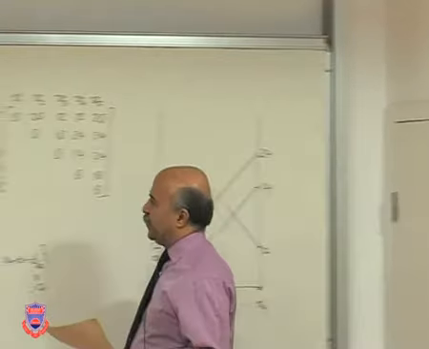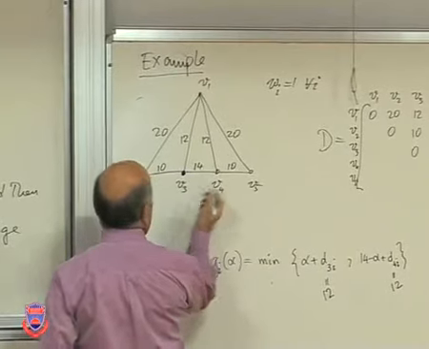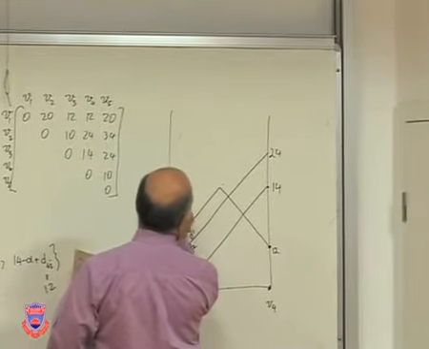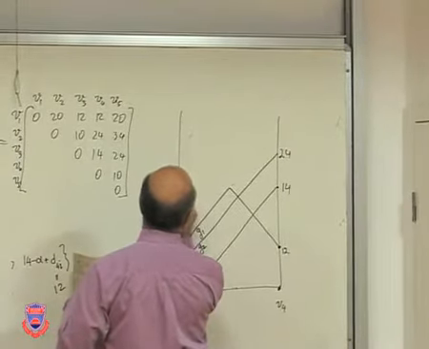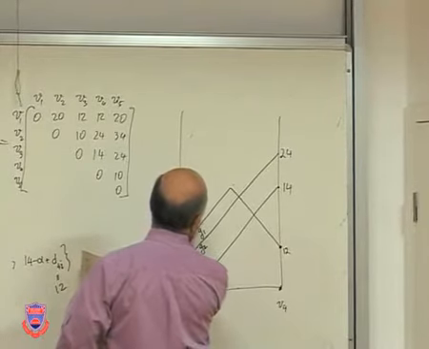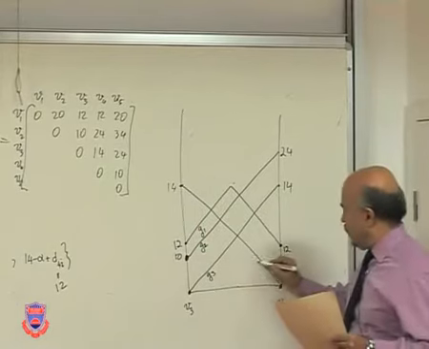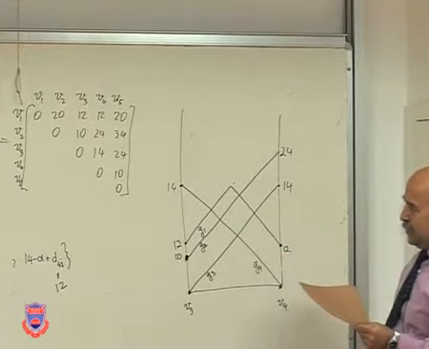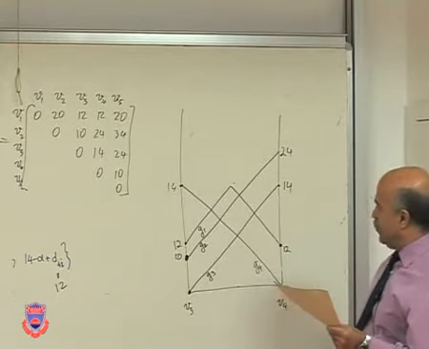The next one, V4. It begins at 14 and decreases down to 0. That's my G4. And what is G5? G5 is the opposite of G2.